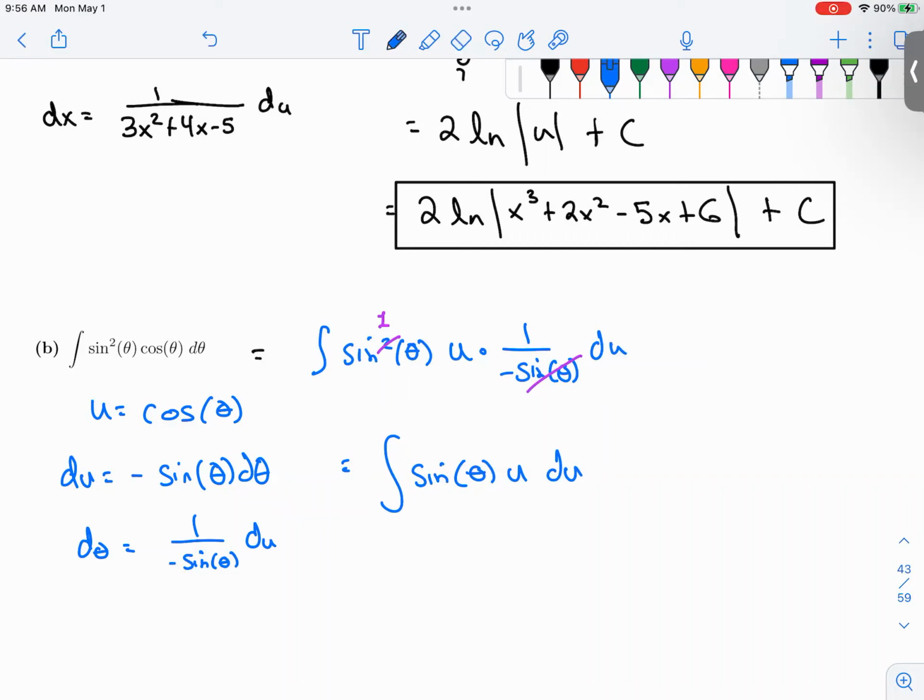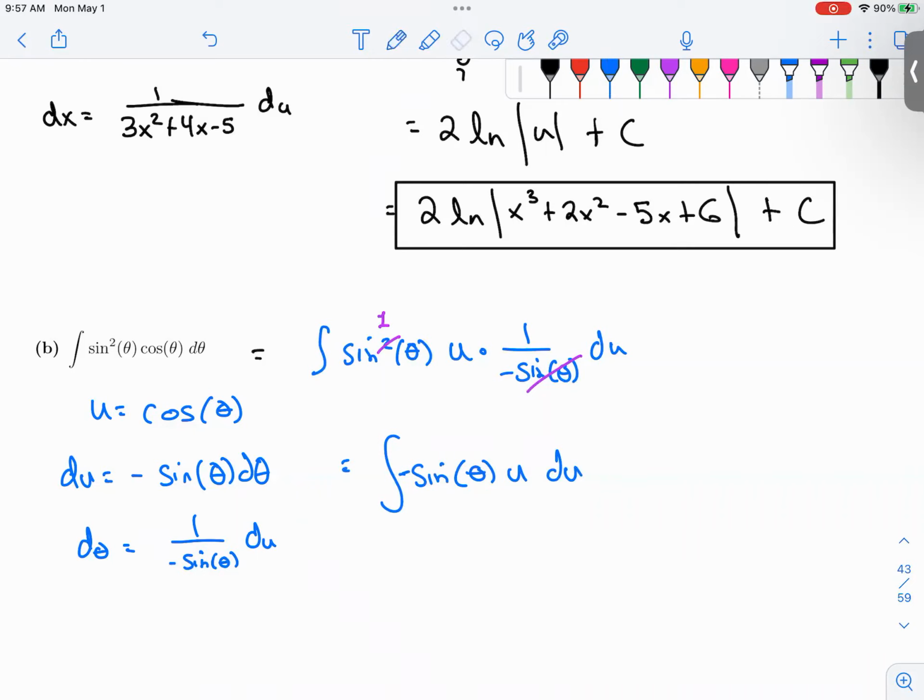And that's not really good for me because now I've got 2 variables and I can't integrate. Oh, the negative, sorry, the negative. Thank you. My body just knows that it's wrong, so it doesn't want to even write it. So negative sine theta u du. There's no way to deal with that because it still has a theta, but we're integrating with respect to u. So we know we didn't do this right because it's not all canceling.